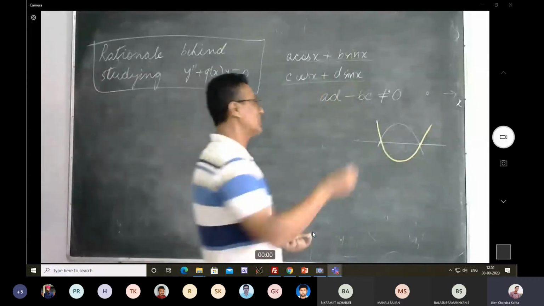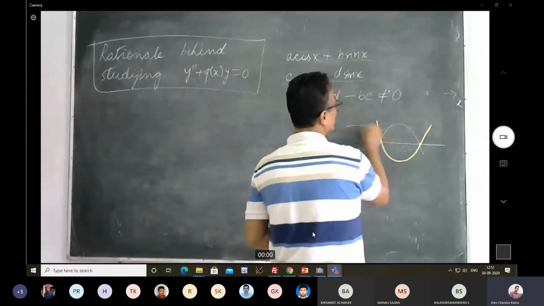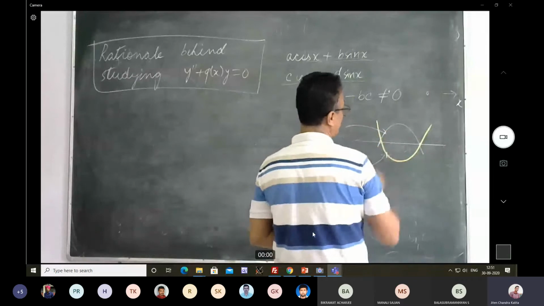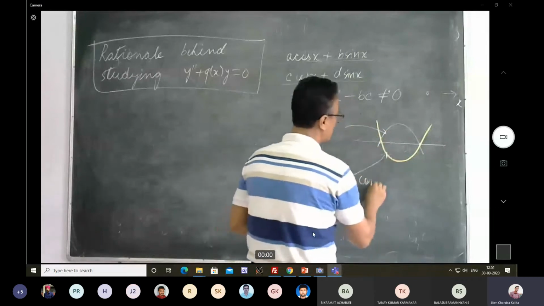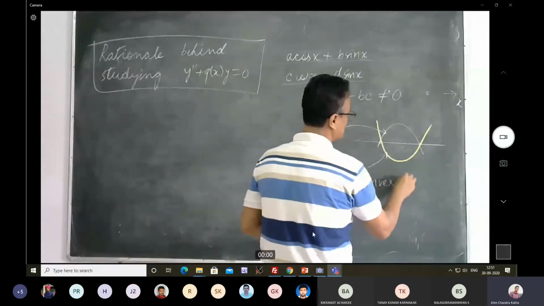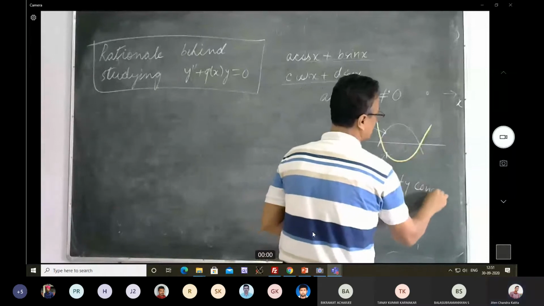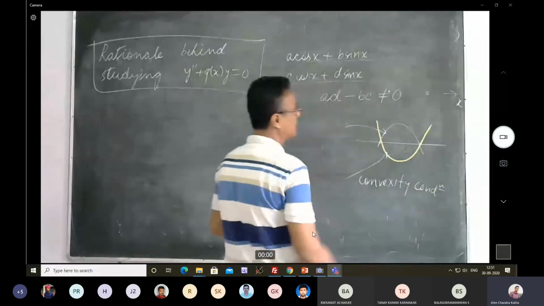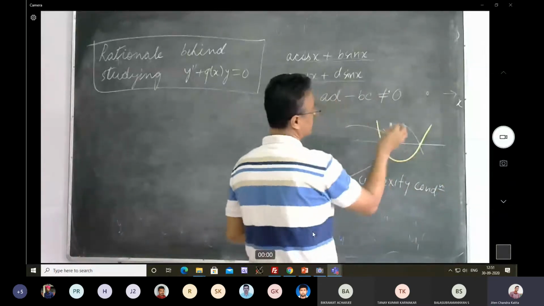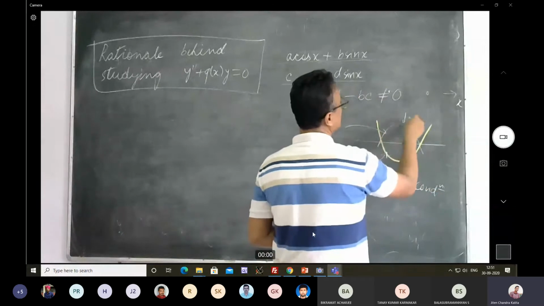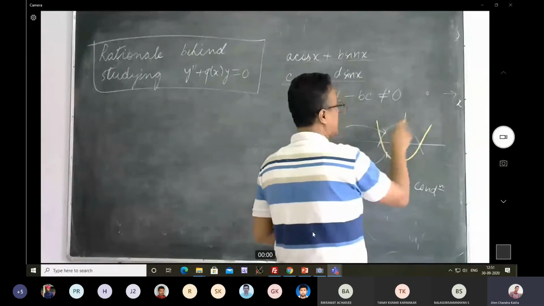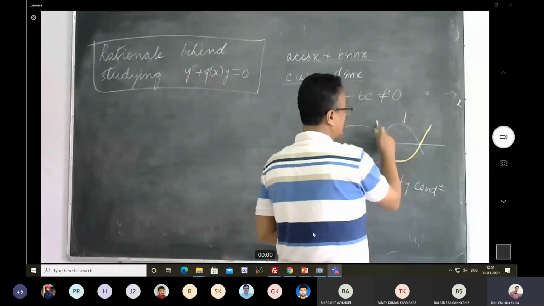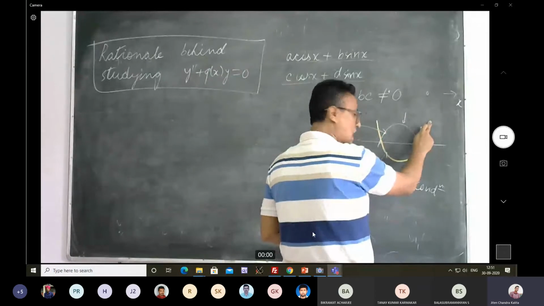In many books, this kind of assumption is called the convexity condition, because for example here it is concave downwards, and this one is concave upwards.